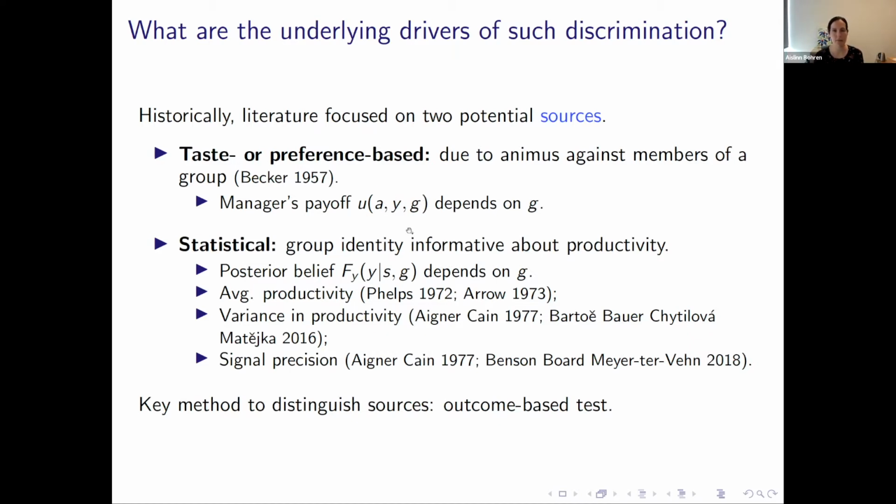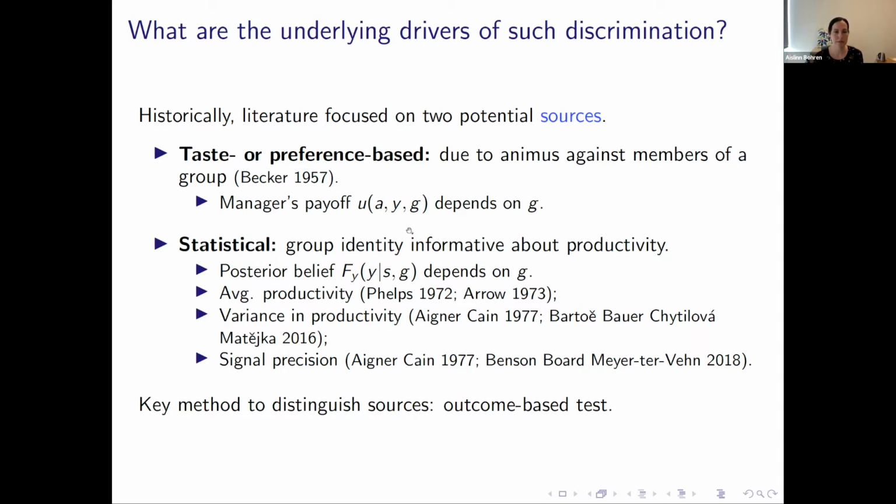Alternatively, as we started to move towards thinking about information more in economics in the 70s, informational theories of discrimination came about. And the idea is that maybe the manager doesn't inherently care about the group identity or have any animus towards a group, but the group identity could be informative about productivity. So it's another piece of information in addition to the signal.